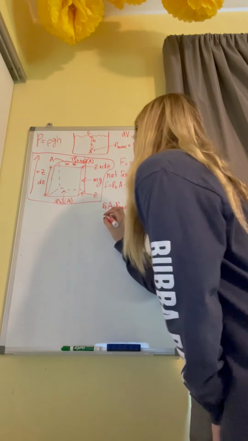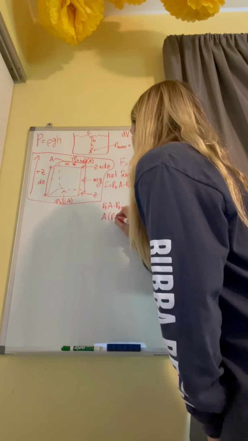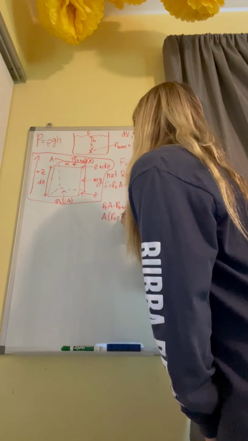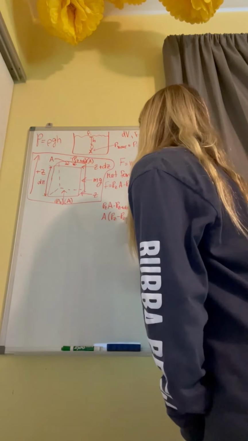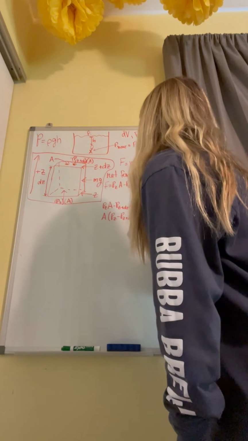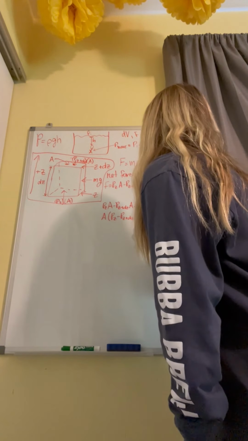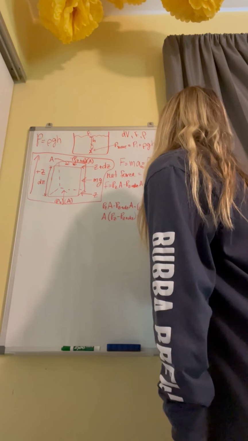So now if we do a little bit of algebra, we could have A times P(z) minus P(z plus dz) is equal to rho A dz g.